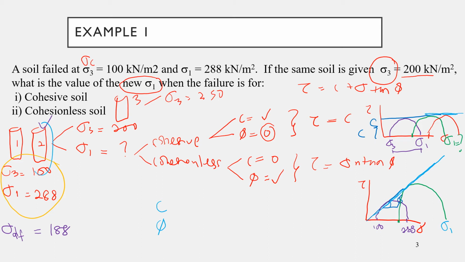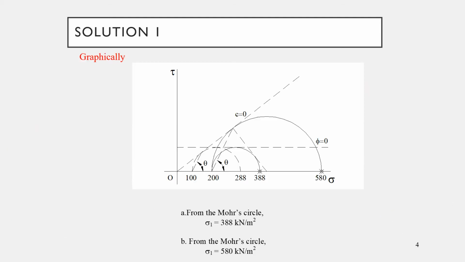The same thing also for cohesionless soil. Let's say your 250 is somewhere here, so you have to plot and they will touch the same failure line. All right, so this is the summary of the graphical solutions from the first equation that we already discussed.